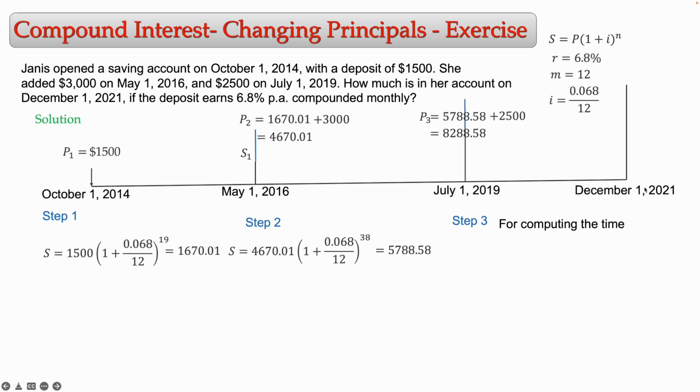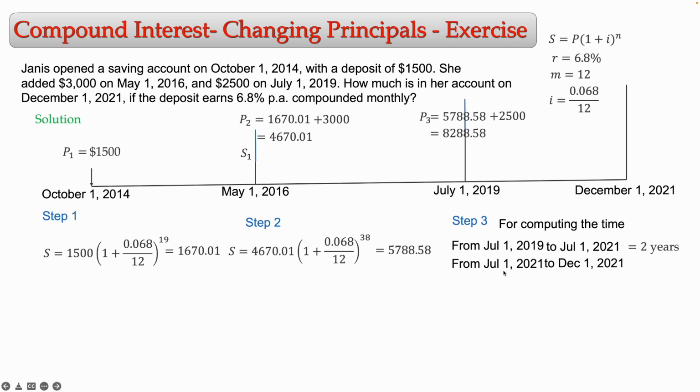Previous to this December 1st, 2021 was July 1st, 2021. So between July 1st, 2019 to July 1st, 2021, 21 minus 19, it will be 2 years, and then count how many months between July 1st to December 1st of that year.